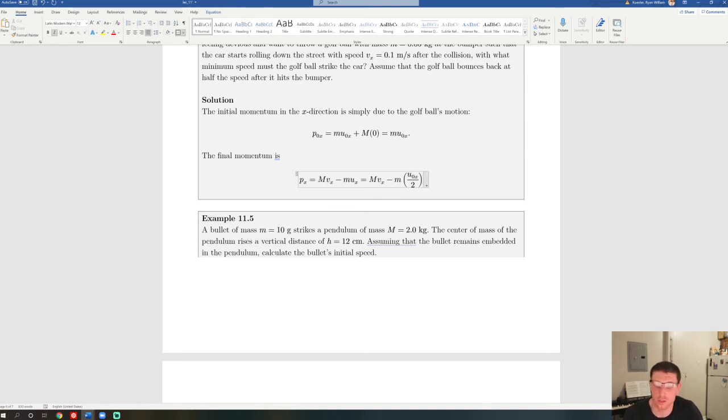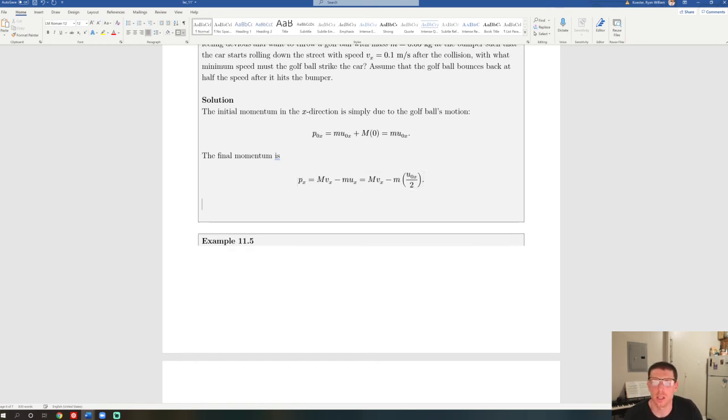I just do it so my equations don't become so cluttered with a bunch of subscripts or primes. This is the simplest way I'm aware of to deal with the fact that in problems like these, we often have to keep track of two speeds or velocities. But you can write it, of course, however you want.